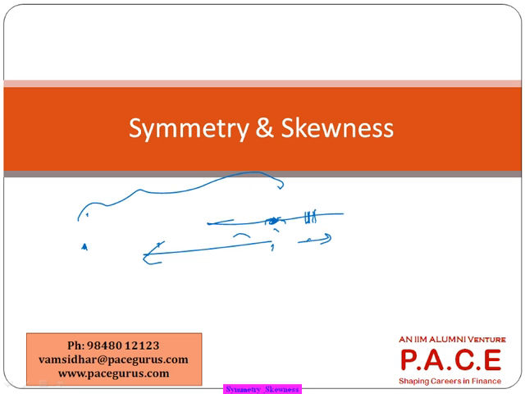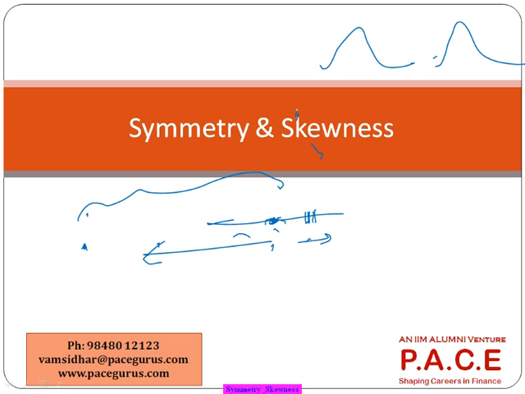A normal distribution is more like a symmetric distribution, but a chi-square distribution is more like a right skewed distribution. There is so much deviation towards the right, and that is what we call a right skewed or positively skewed distribution.